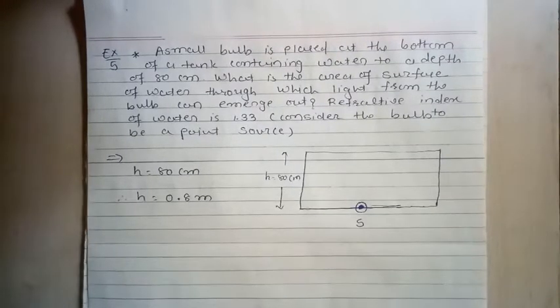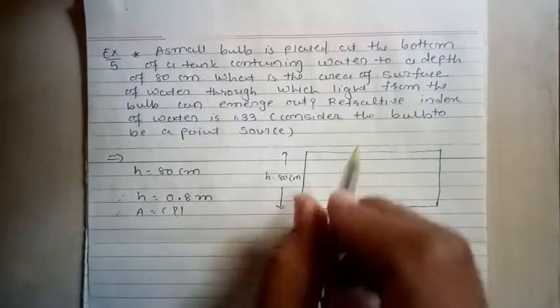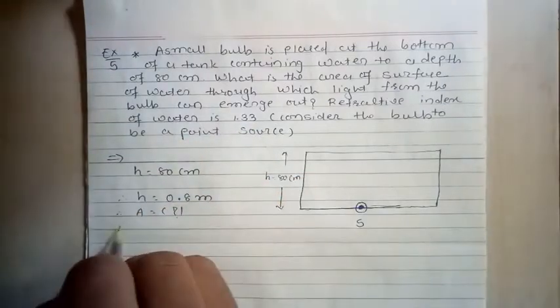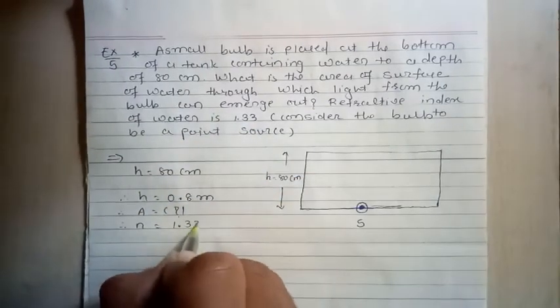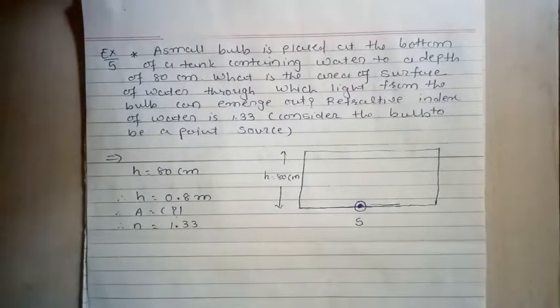So here we have to find out the area A. Refractive index of water, that is n, 1.33. You have to remember this refractive index of water 1.33, refractive index of air which is 1, refractive index of glass 1.5. So these three values you have to remember. Once again I repeat, refractive index of water 1.33, refractive index of air 1, for glass 1.5.